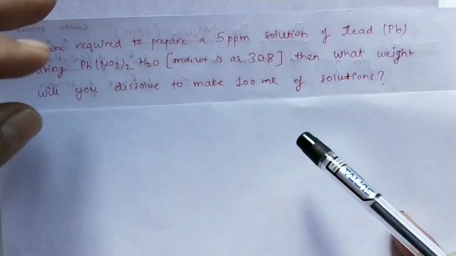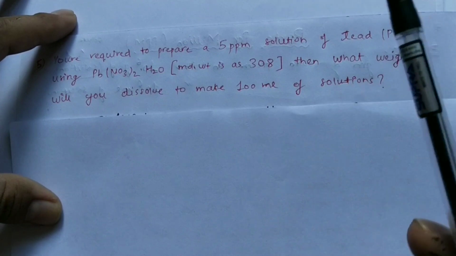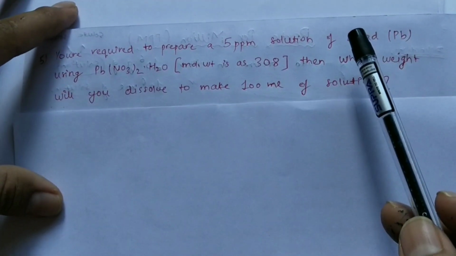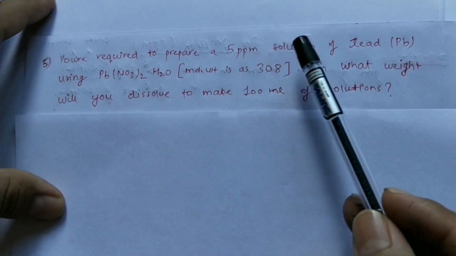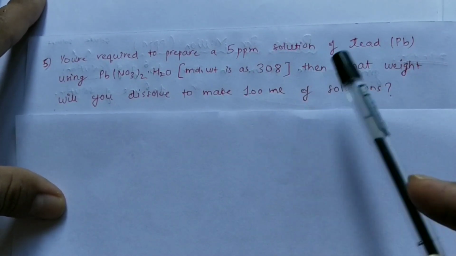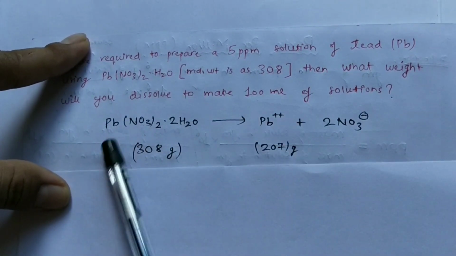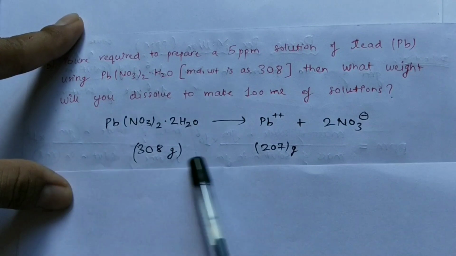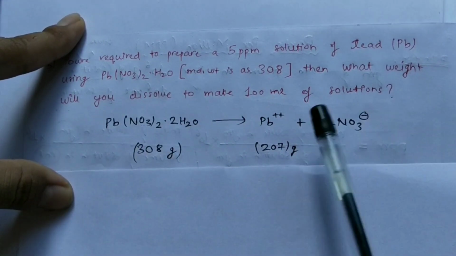What should we do? First we should know the final concentration: for the final concentration to be 5 parts per million, how many gram of lead must be there. After finding the Pb, another important thing we should know is how the Pb(NO3)2.H2O will dissociate.